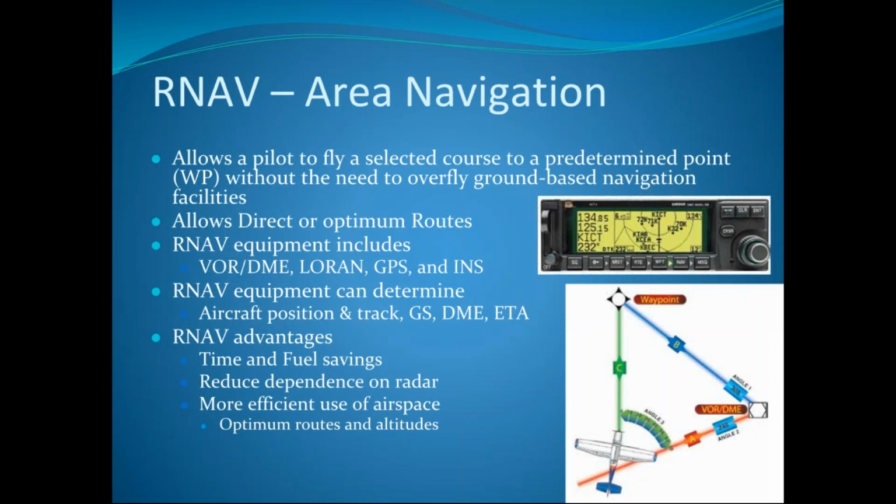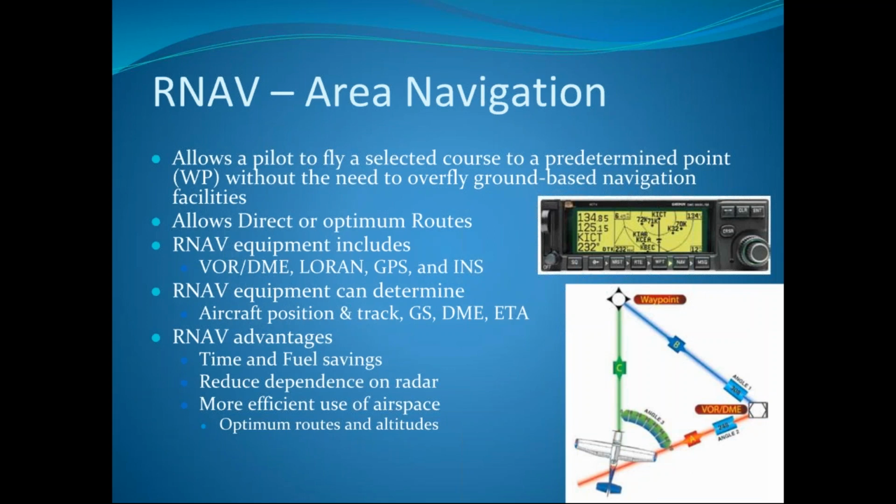And then huge, like we said, everything in the airline world, they are always talking about saving when it comes to time and fuel. So it provides all of that for us. So RNAV equipment can determine an aircraft position and track.